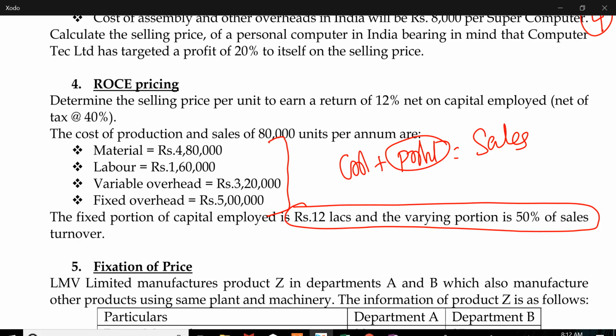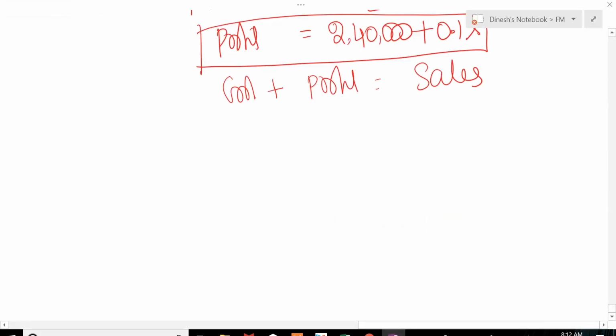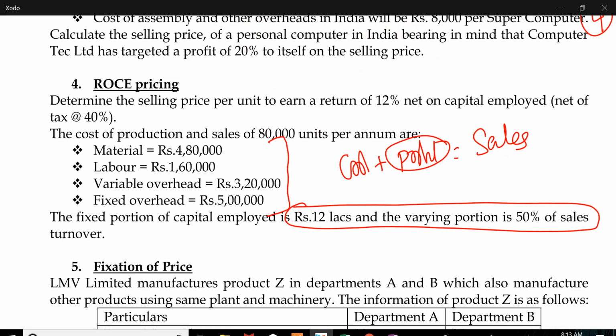How much is the cost? 14 lakh. Profit is, and sales is, get the value of sales, divide by the number of units to get the selling price.